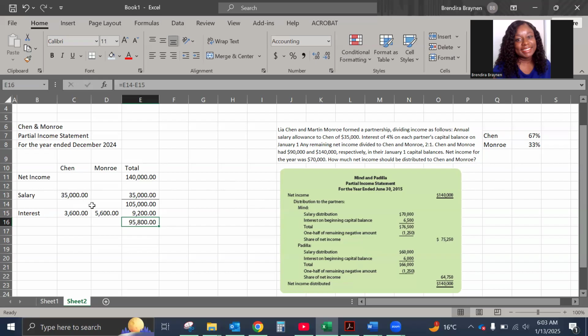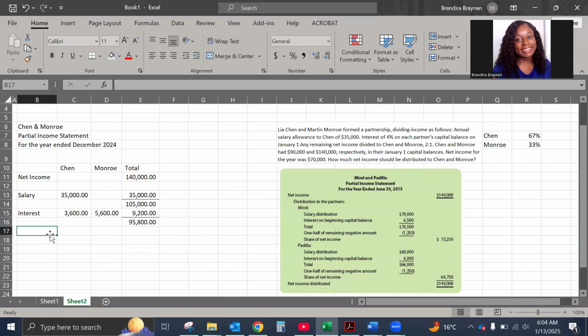You always pay salary and interest first, or anything else that needs to be paid out first. Then you look at the ratios, or the way the balances are shared, and then you divide it up.